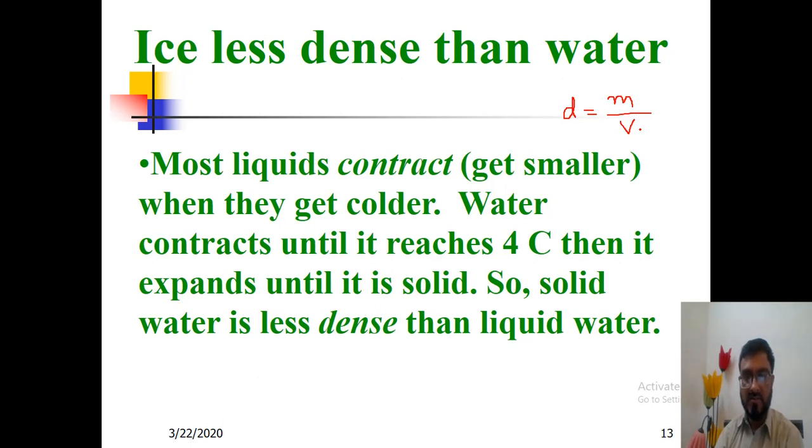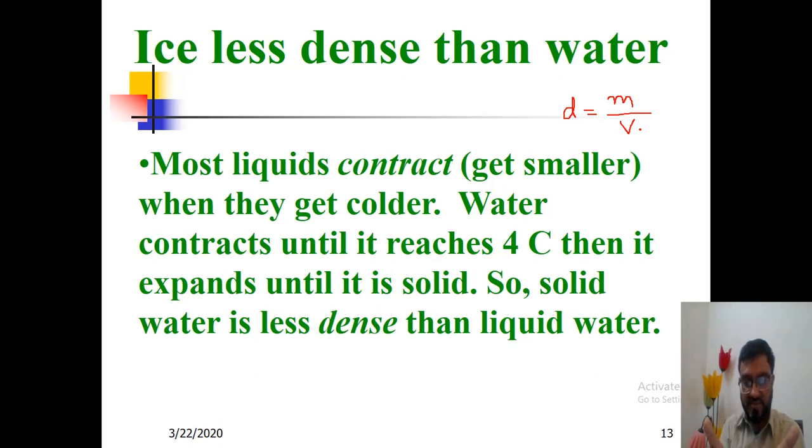When the water is cooled down, it gets smaller and smaller like other liquids. So the volume is lesser, but below 4 degrees centigrade it tries to expand, and the volume is increasing.